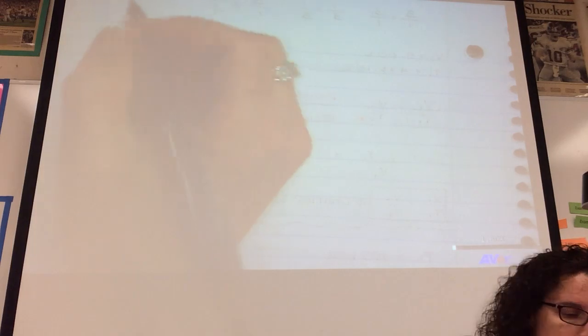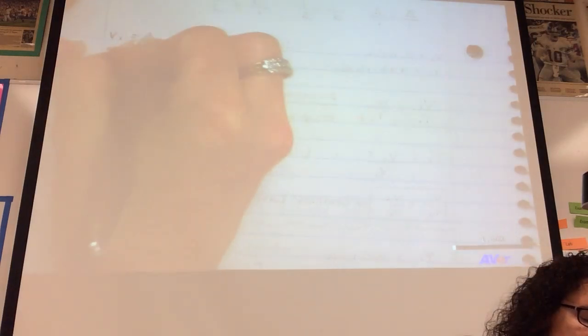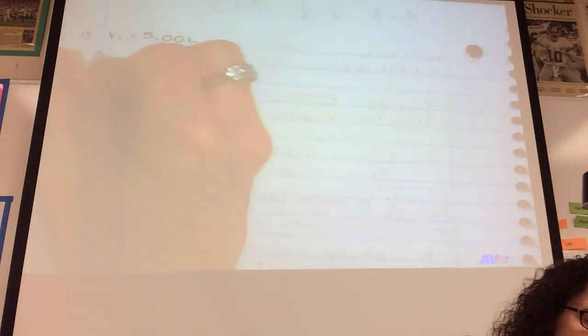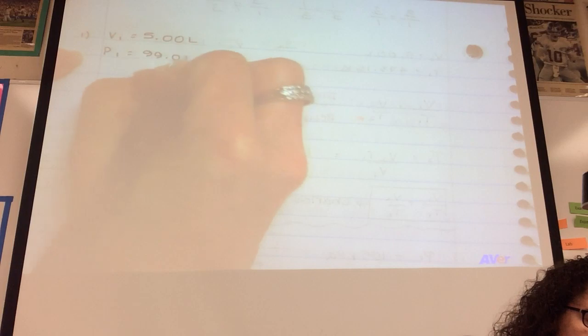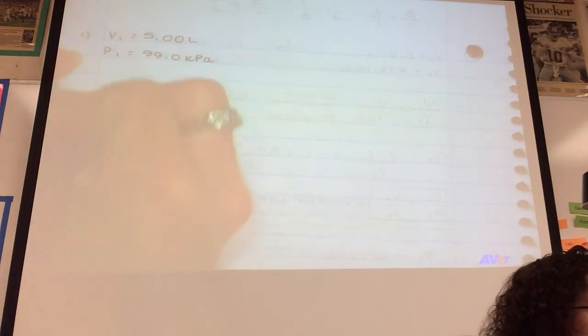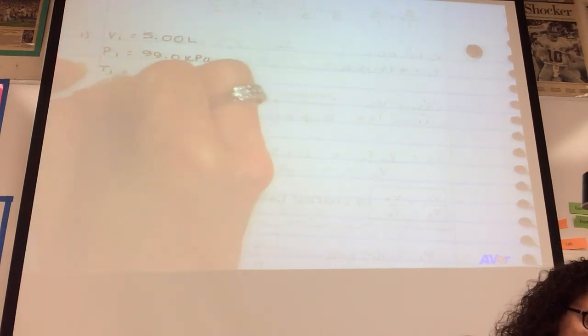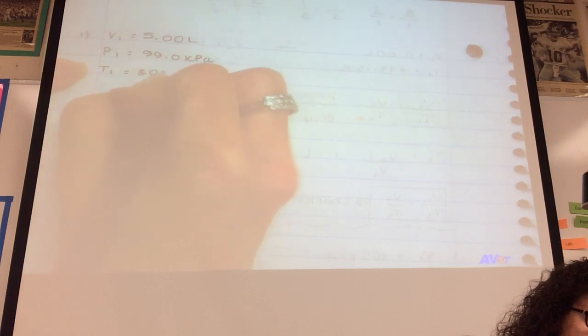So first set of conditions, V1 is 5 liters. P1 is 99 kPa. T1 is 303.15 Kelvin.